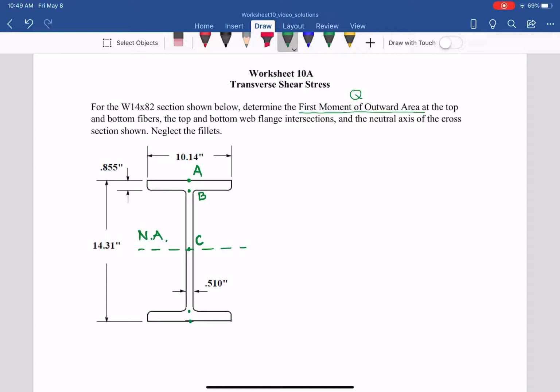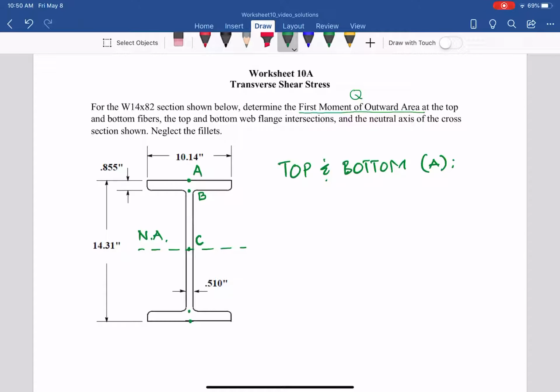So let's find out the top and bottom fiber first. So basically point A is what we want.